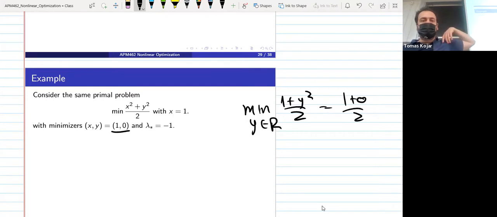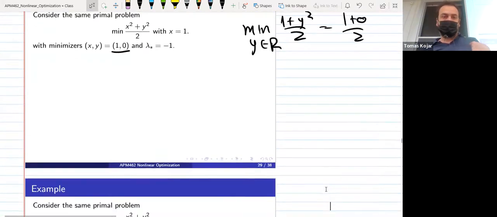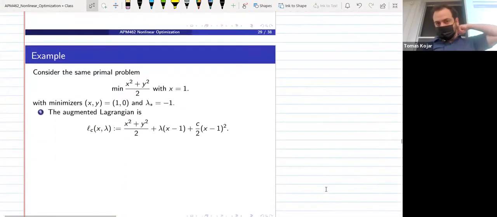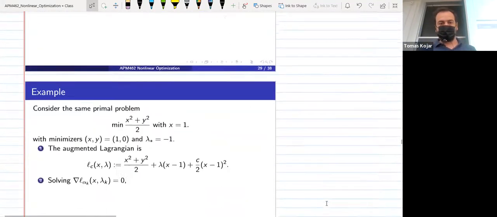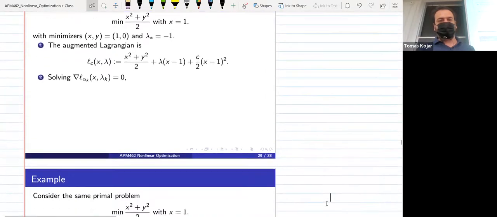So that's why you get (1, 0). Okay? It's a stupid problem, but it gives you the main idea of the method. So again, I need to make my problem unconstrained because it's much easier to work with. So I have to pay for it with a penalty. You set it to 0.